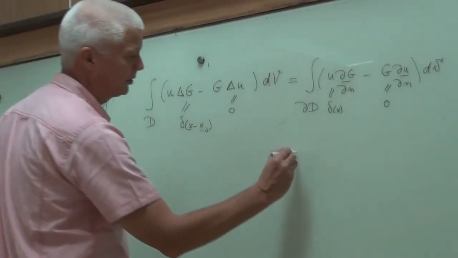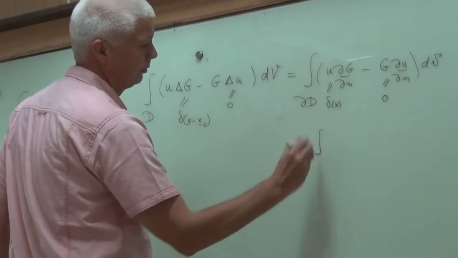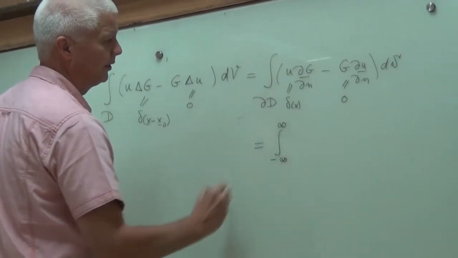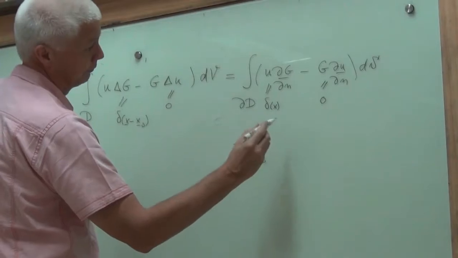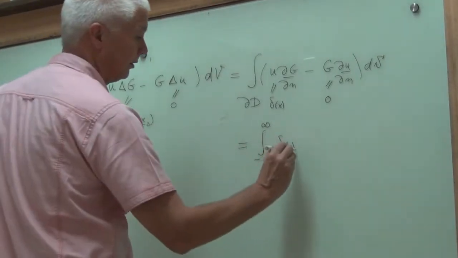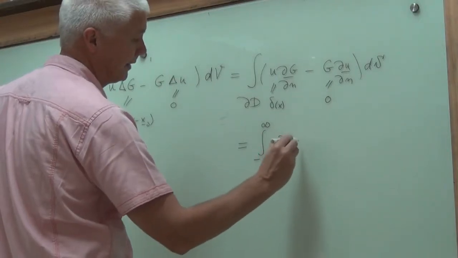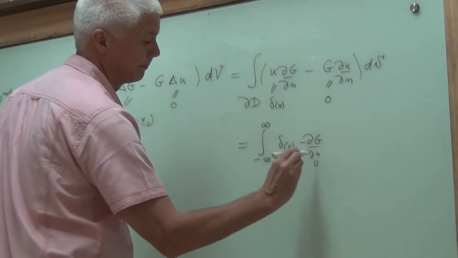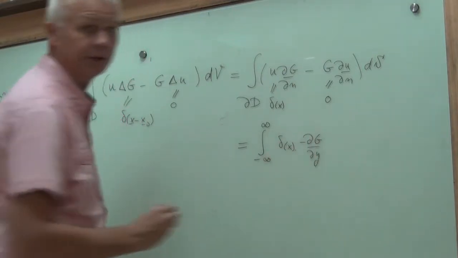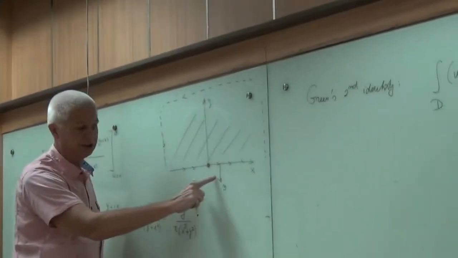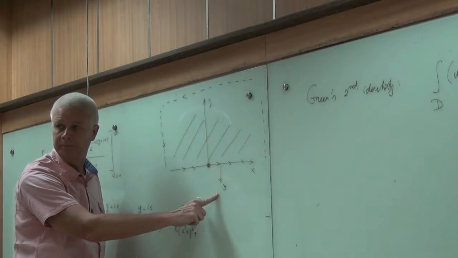So I can write for this the integral from minus infinity to plus infinity of delta x times the dg/dn, and the dg/dn is minus dg/dy. You agree? Because the dg/dn, that's in the negative y direction. So the dg/dn is minus the dg/dy.